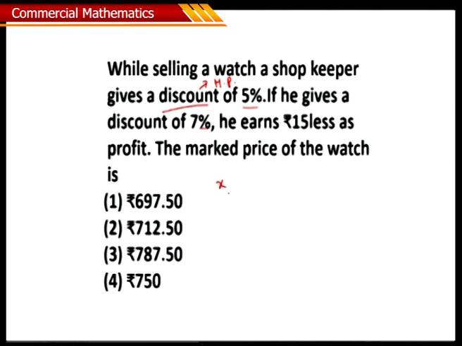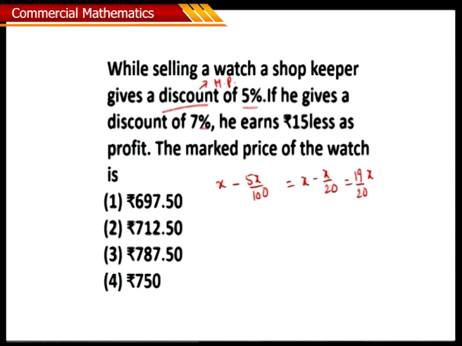It becomes X minus 5x by 100, that is X minus X by 20. So it is 19 by 20 x. This is when the discount is 5%.